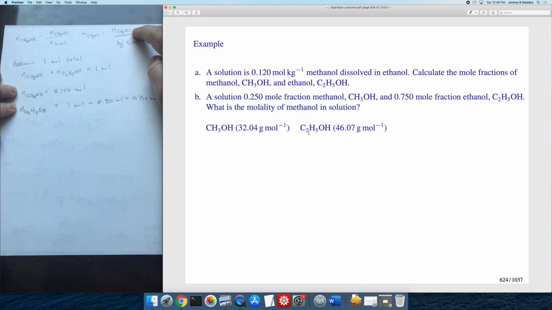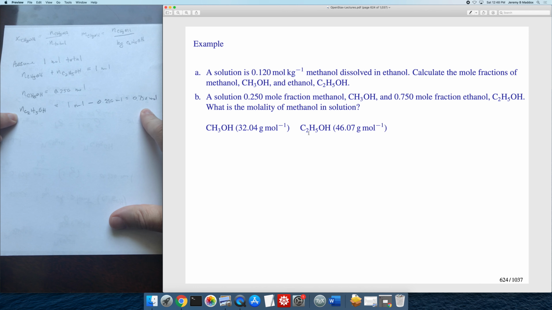And we're going to be using the number of moles of methanol in the numerator to get the molality, and we need the denominator. We need the kilograms of ethanol. Well, we've got the number of moles, we've got the molar mass, let's just convert that to kilograms.